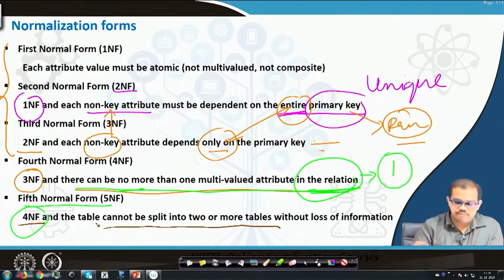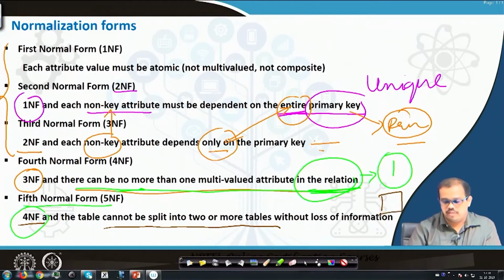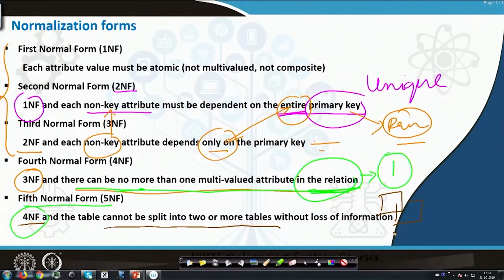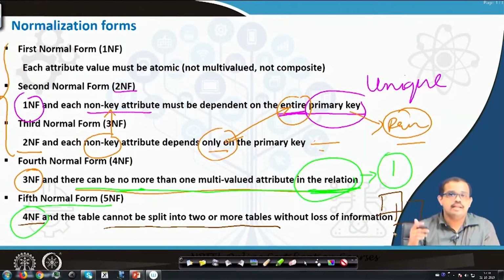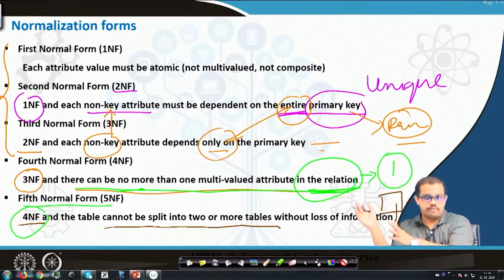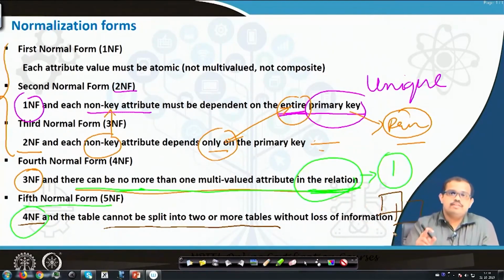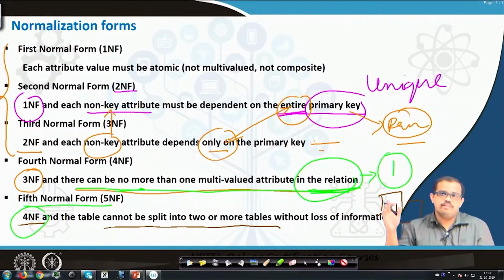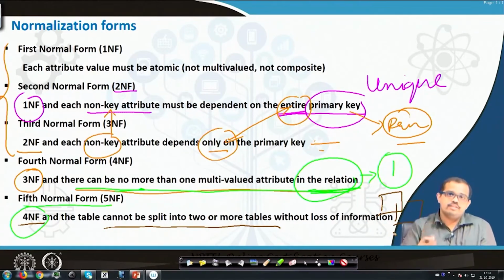So, after fourth normal form, if there are many attributes which are multi-valued, which means there is more than one multi-valued attribute, you can multiply into a number of tables, but that multiplication into tables will lead to certain loss of information in the fifth normal form.